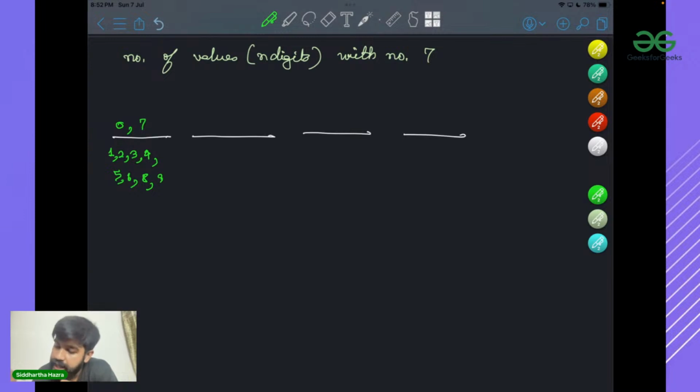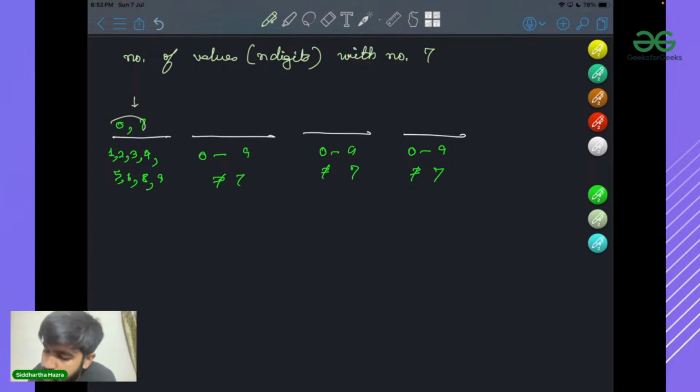Okay. And here I can have how many values? I can have all the values from 0 to 9, but not 7. The same for the other positions. So how many digits can I use here? I had 10 digits and I'm not using 2 digits, so I'm using 8 digits.